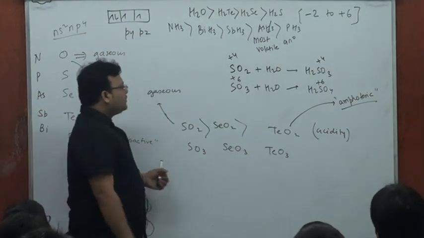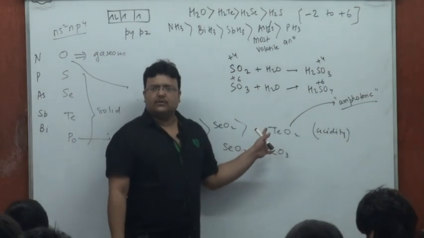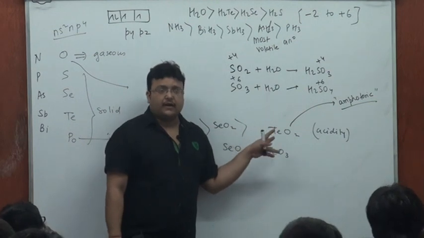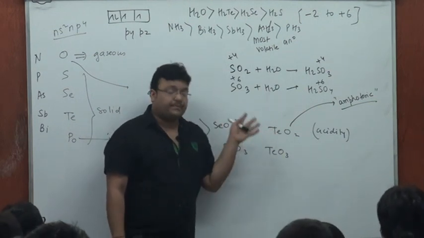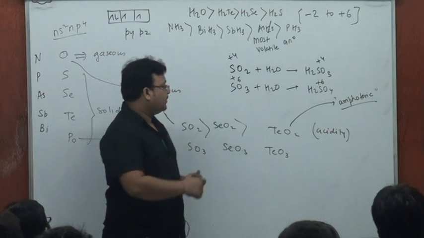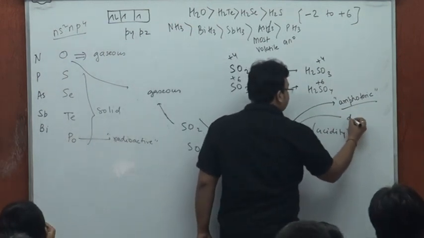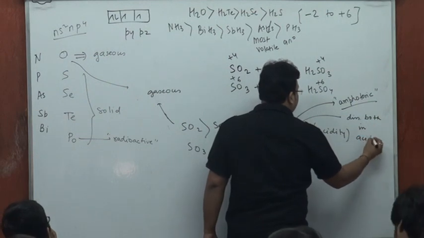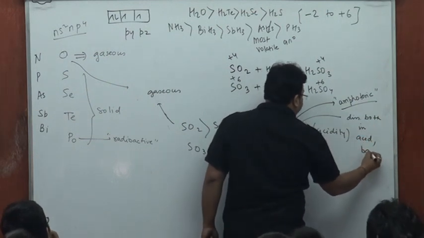So TeO2 would start behaving amphoteric. Down the group acidity decreases despite an electronegative oxide. It will start behaving like a basic oxide, dissolving both in acid and a base.